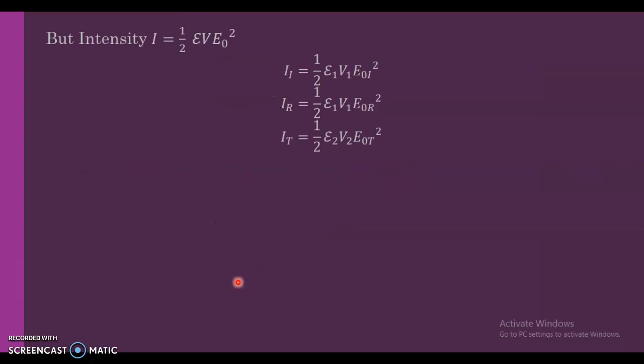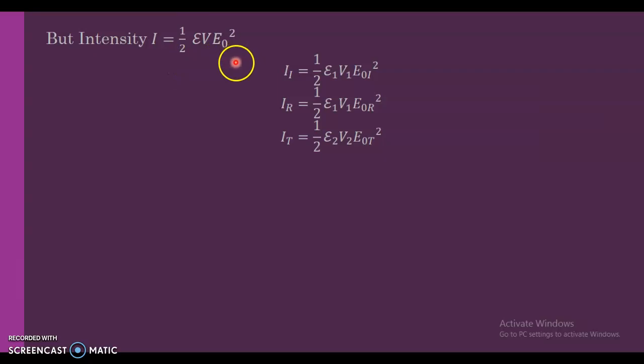In order to calculate the reflectance and transmittance at normal incidence, we have to find the intensity of the incident, reflected and transmitted waves. For that, we have a mathematical expression to find the intensity as I is equal to half epsilon V E0 square.